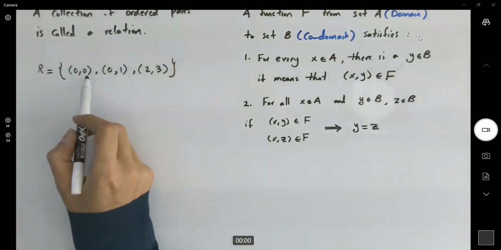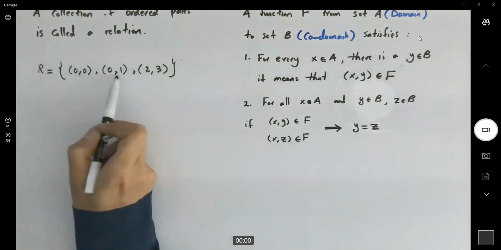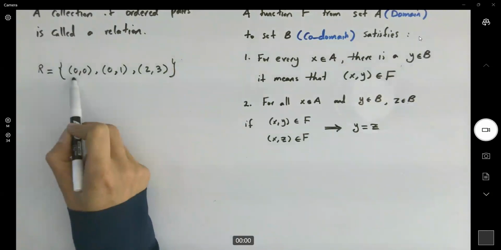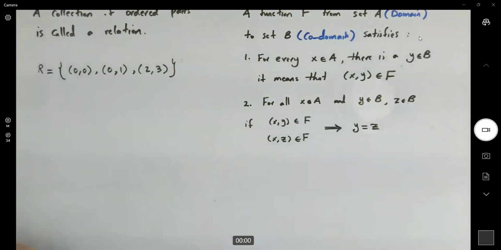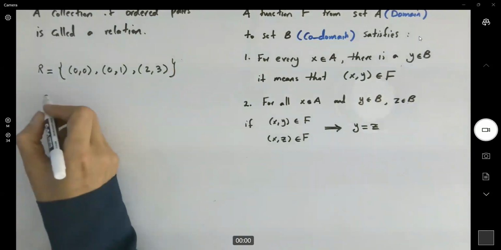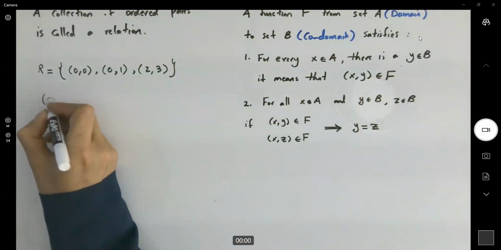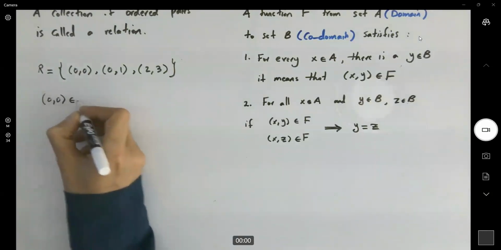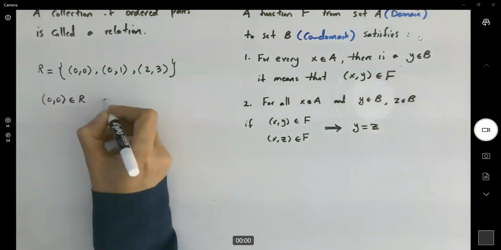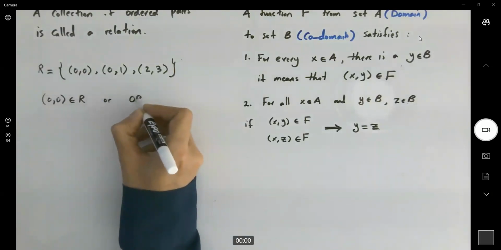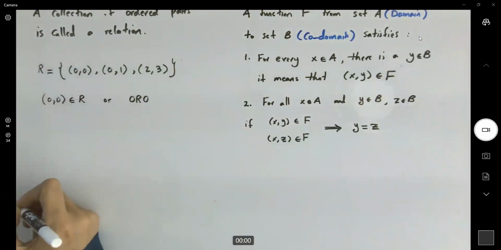Guys, note that here I have two different y values related to x, which is 0. You can write down, hey, my point (0, 0) belongs to relation R, or you can say that 0 is related to 0.